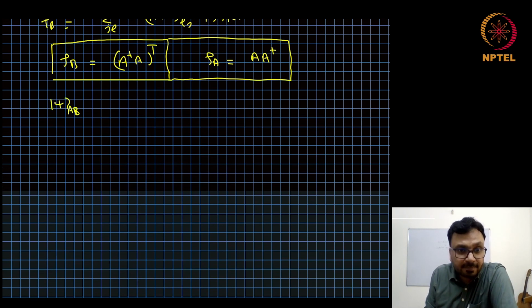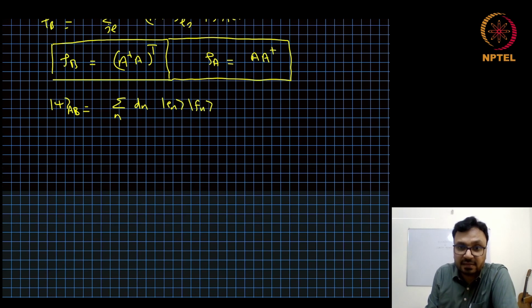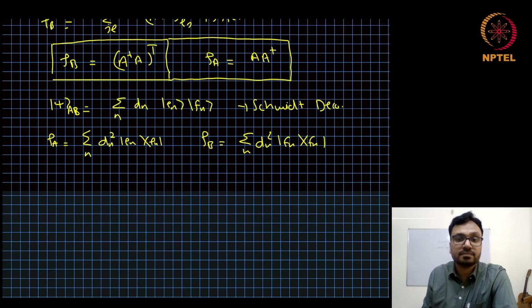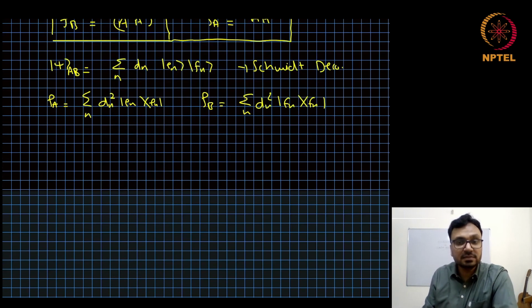Because if we have psi AB, which is the sum over n of dn en fn, that is the Schmidt decomposition, then rho A will be the sum of dn square en, and rho B will be the sum of dn square fn. This is trivial to find out.